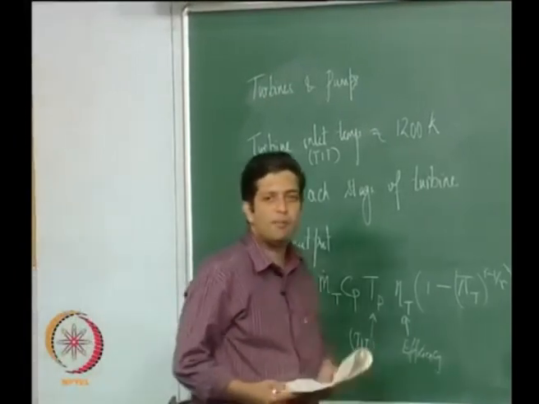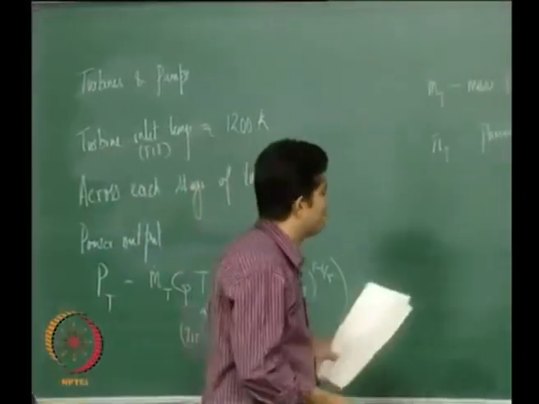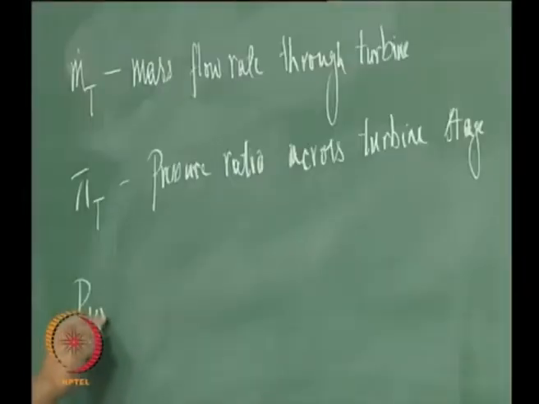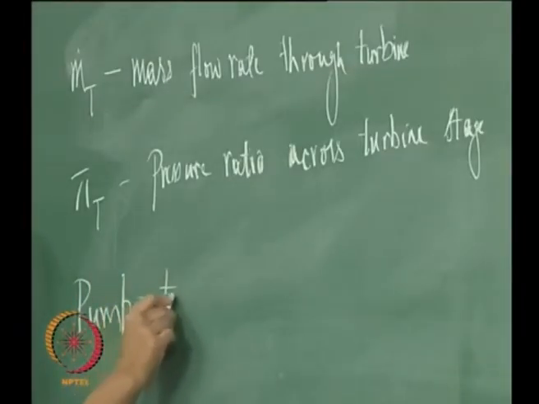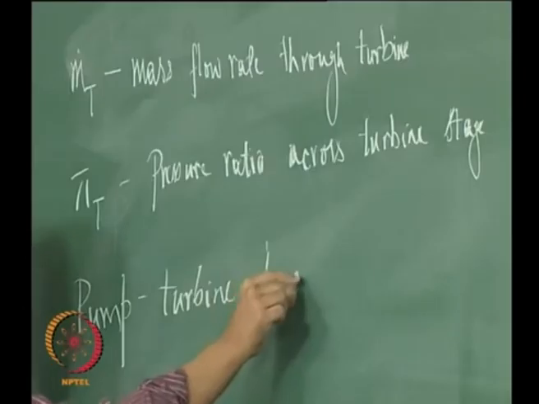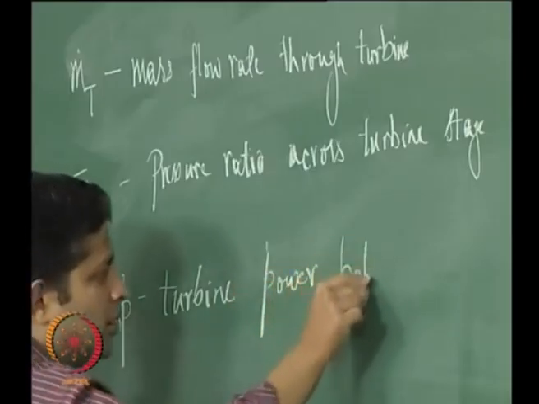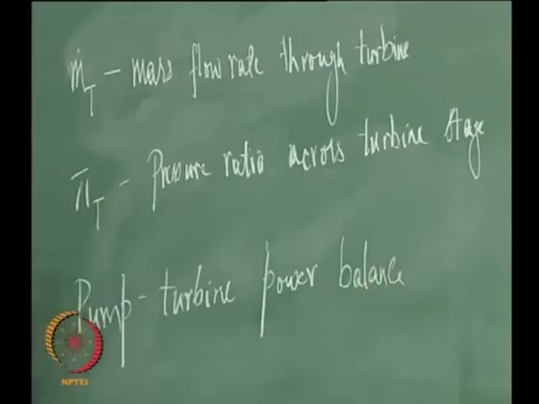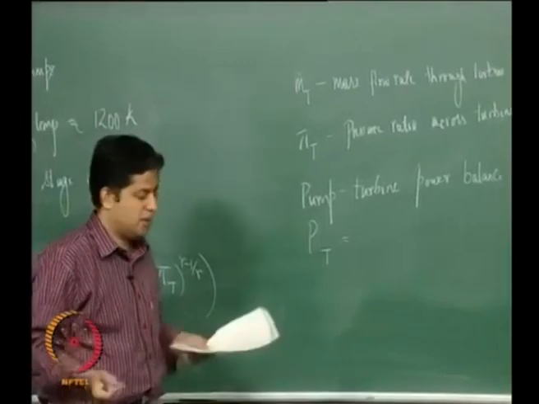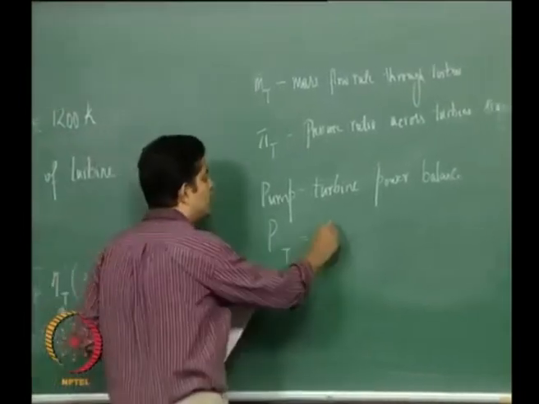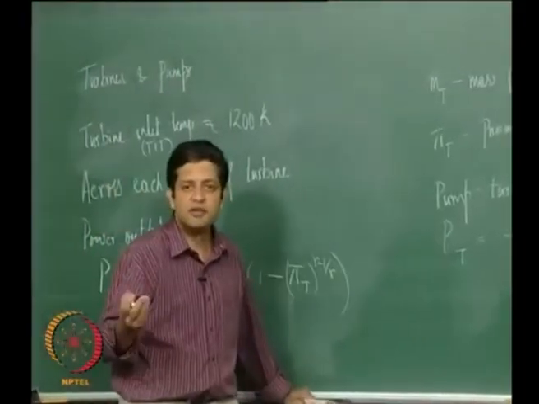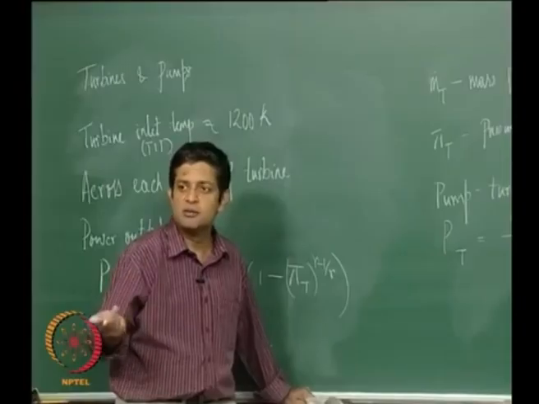So how do we calculate pump power? So you will have something like pump turbine power balance. So PT must be also equal to what is the power that is required to run the two pumps. Remember, if we have a bipropellant system, we will have two pumps, one for fuel, one for oxidizer.